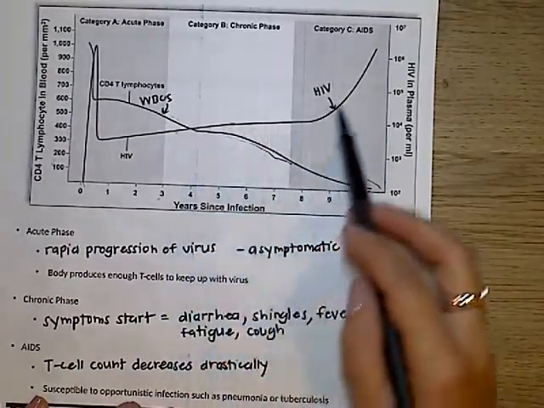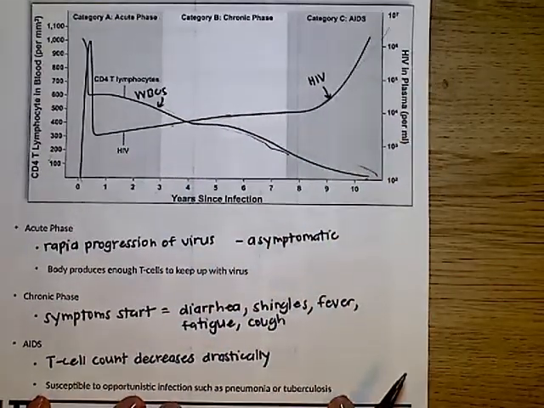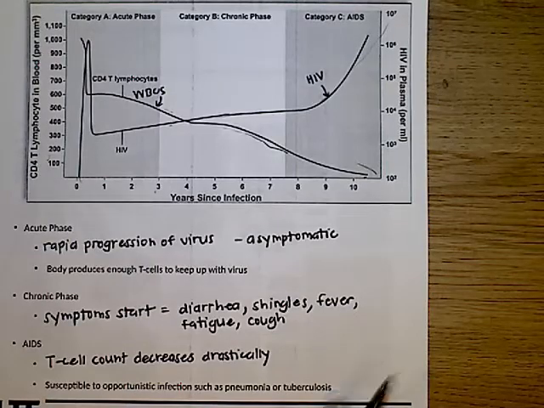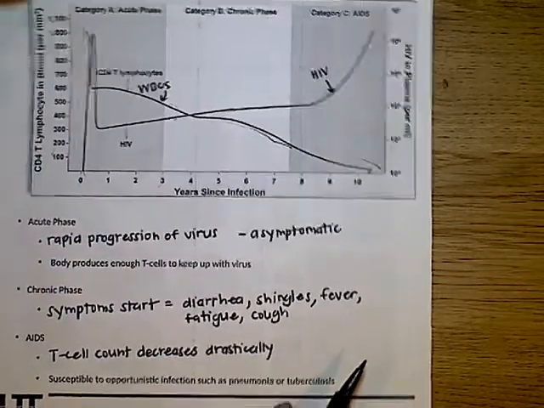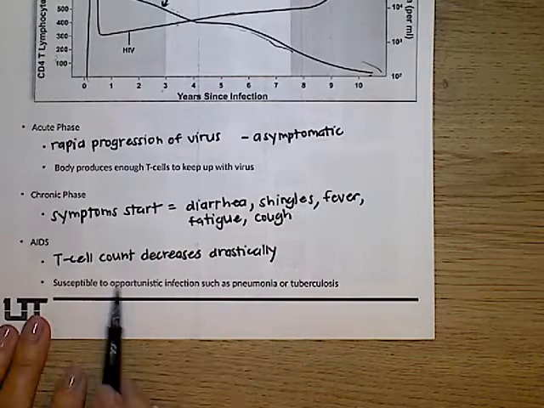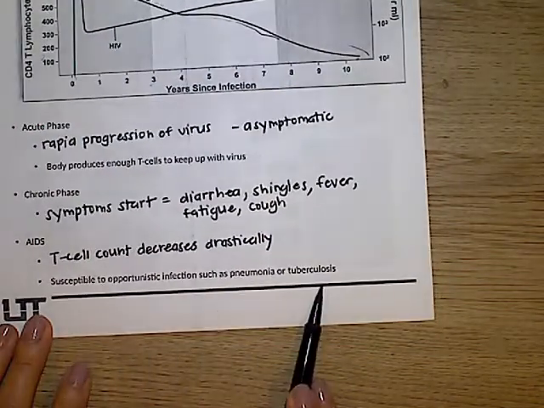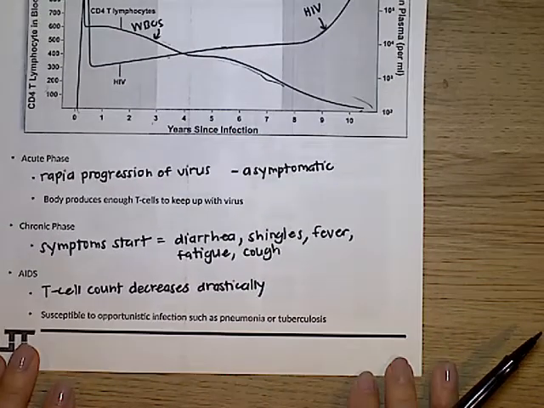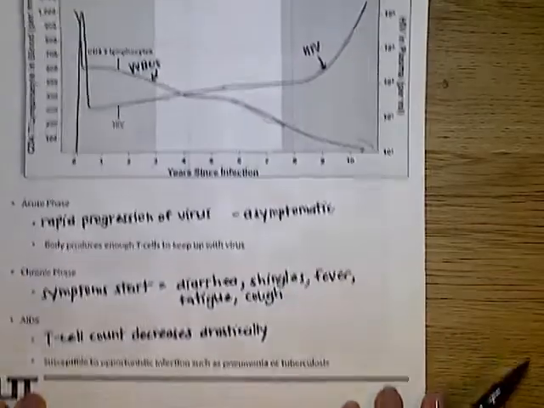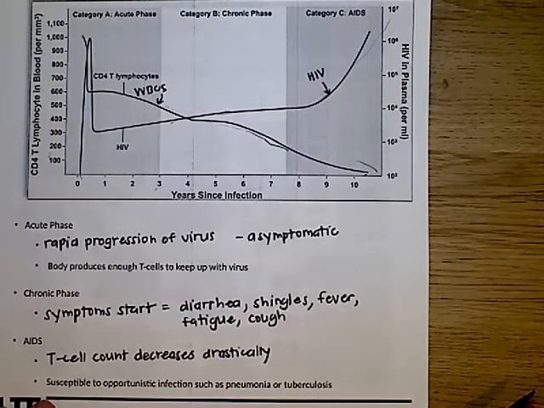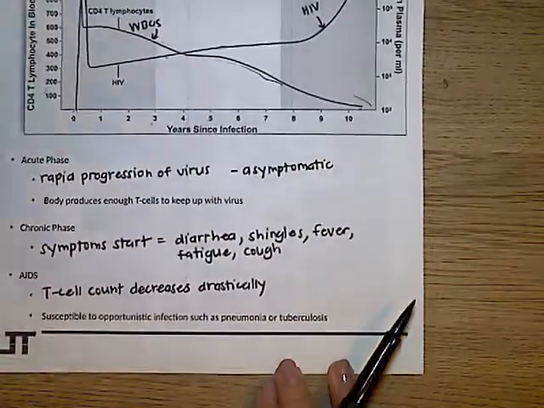And the virus continues to increase in the blood. So this makes the person susceptible to opportunistic infections like pneumonia or tuberculosis. So people don't die of AIDS. They die of some other sickness that their body couldn't fight off because they have AIDS, if that makes sense.